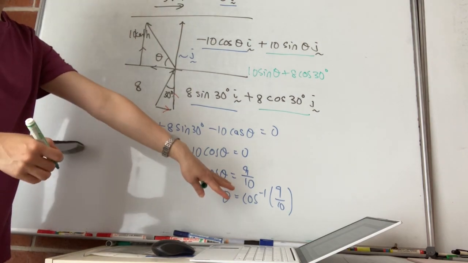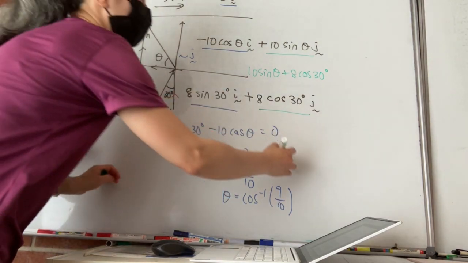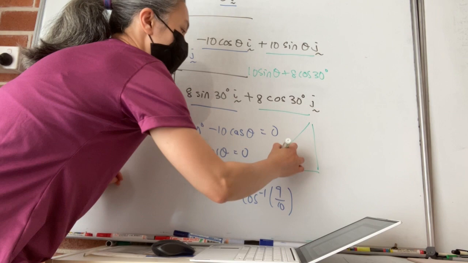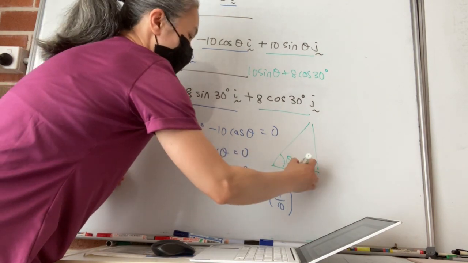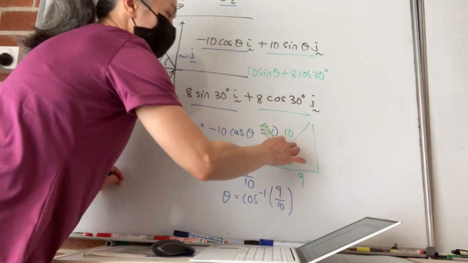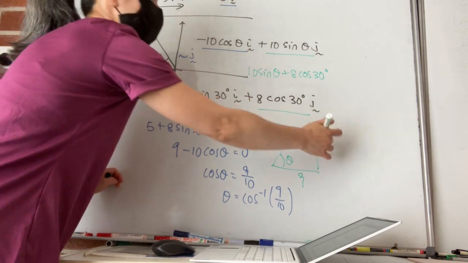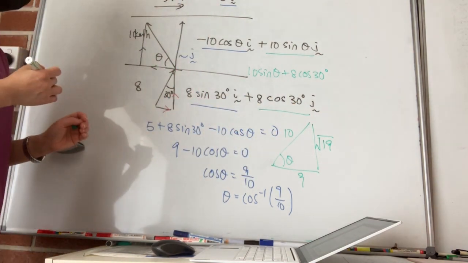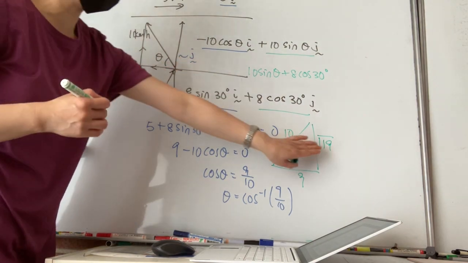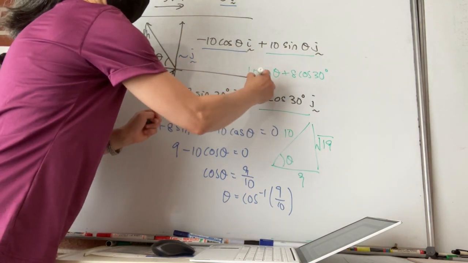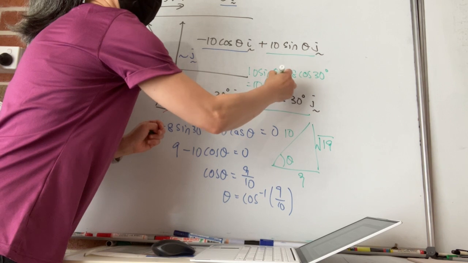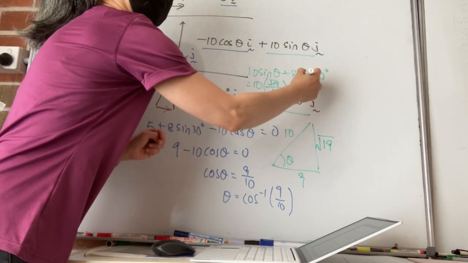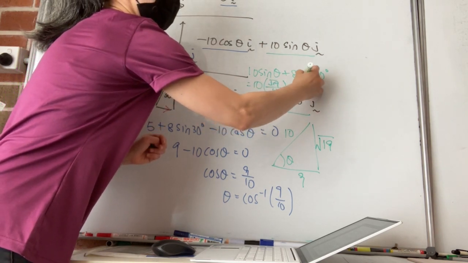If I know cos theta equals 9 on 10, I can draw my triangle. 100 minus 81 is 19, so sine theta is going to be root 19 on 10. So we are going to have root 19 on 10 times 10, plus 8 times root 3 on 2.